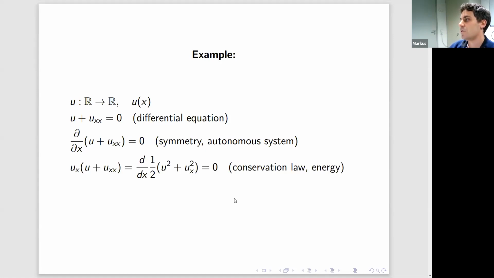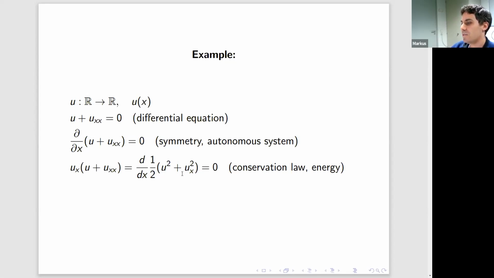And we also have a conservation law. If we multiply our equation expression here by ux, then we can write it as a total derivative of something of this form, 1 over 2, u squared plus ux squared. When you differentiate this, the power 2 cancels with the 1/2 on both of these expressions, and then you get u times ux, and here also ux times uxx.